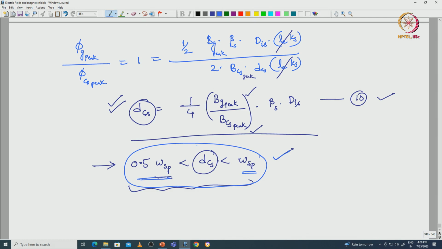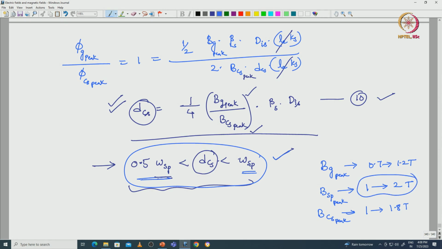The flux densities at the different parts of the iron we have to consider. Bg peak value is in the range of 0.7 to 1.2 Tesla, and for the stator poles, depending upon the magnetic material, it will vary from 1 to 2 Tesla, and for the back iron, the BCS peak value is 1 to 1.8 Tesla, because the area of the stator pole is less.